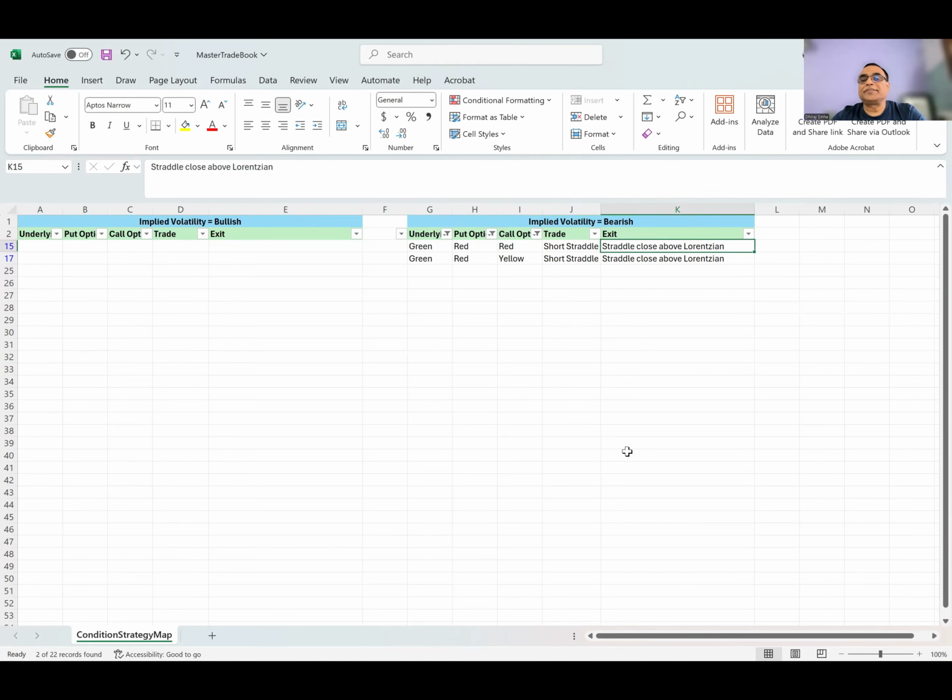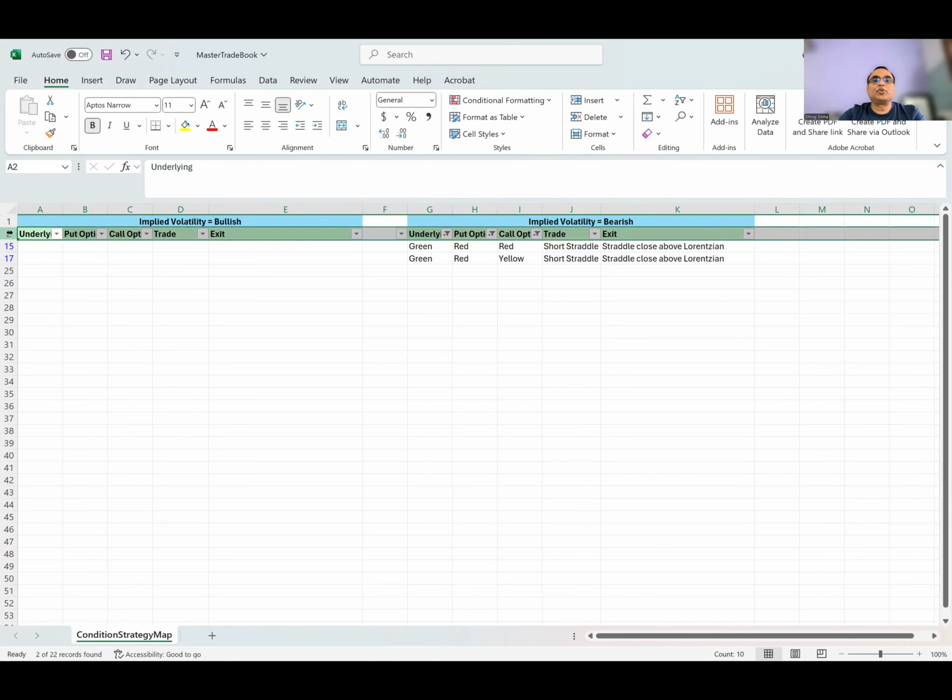On the 5-minute straddle chart, which is one of the four different charts I showed you in my master chart, when the straddle candle closed above the Lorentzian machine learning indicator, I would have exited my trade.